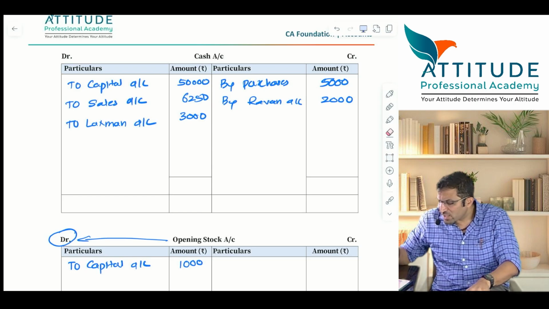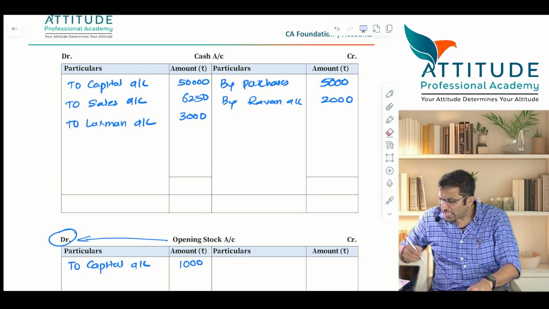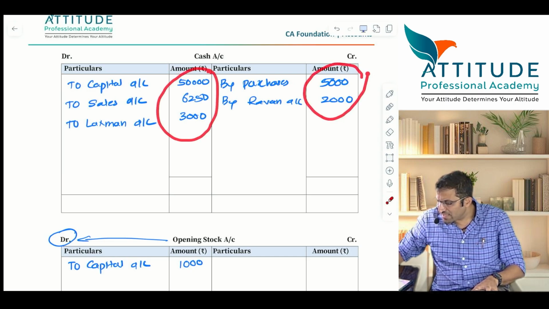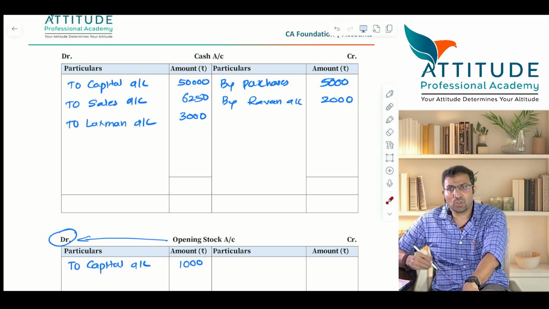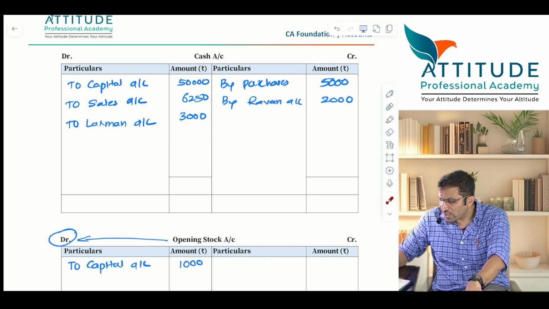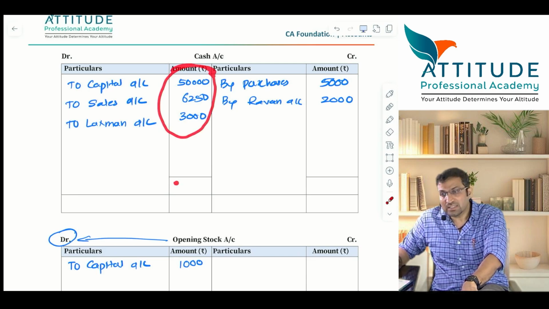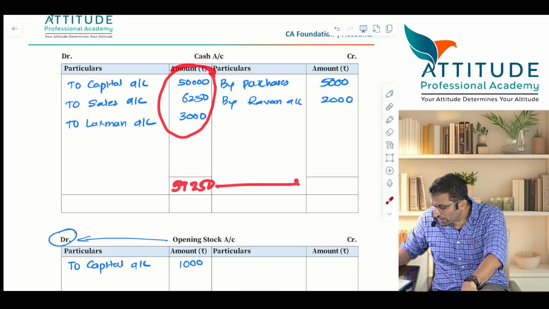Same. Sir, but it is not the same. Look at cash account. If you go to see, the debit side balance is more, the credit side balance is less. So how to do the balancing? Rules are very simple. First, see which debit side is having a greater amount, total that and put the total here. What is the total? 59,250. The same total you write here, 59,250.